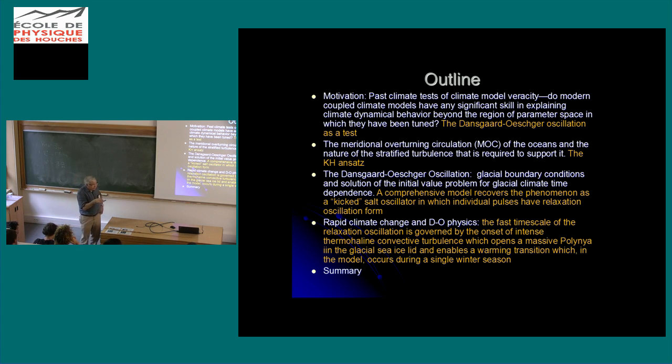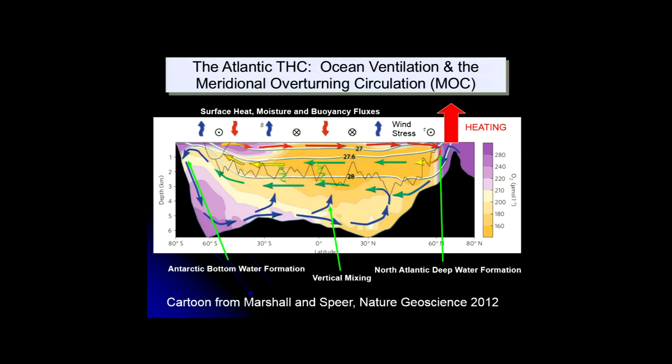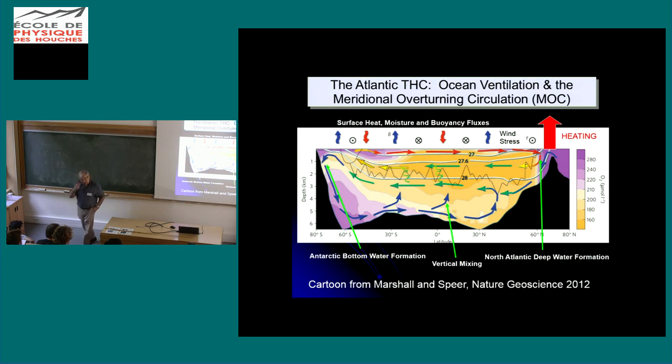But this meridional overturning circulation of the ocean only exists, at least in terms of the Antarctic bottom water cell, because of fine-scale, stably stratified ocean turbulence, which allows the deep water that forms at the poles to be lifted back up in the vertical so that it can move back into the Southern Ocean and close the two-cell form of the meridional overturning circulation in the Atlantic, which is shown here in this cartoon from John Marshall and friends.